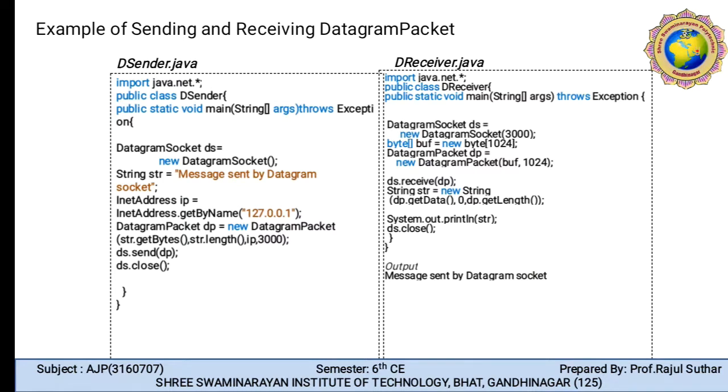Whenever we create both programs, compile the sender first, then the receiver, then finally run and execute the sender and receiver programs. After running the program on the receiver side, we get the message sent by the datagram socket. The sender sends the message to the receiver. Here in this comparison we can easily see that the destination address is used in the sender but not used in the receiver.